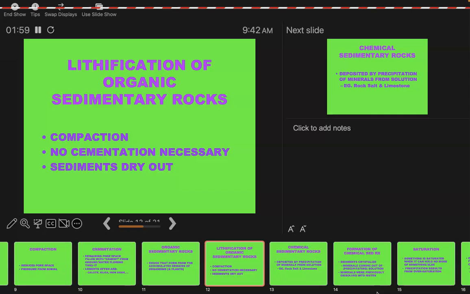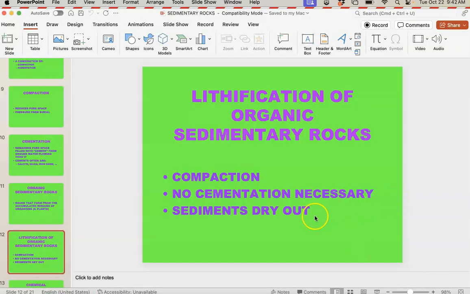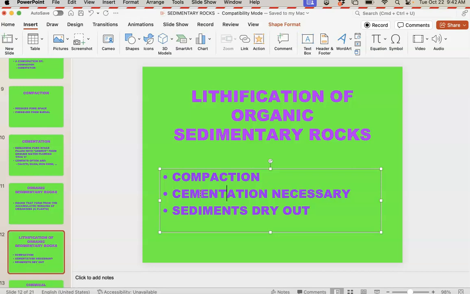But in all honesty, when you think about decaying organic material, it has, pardon the word, sort of a stickiness unto itself already, right? And when that's allowed to dry out, it acts as a cement as well. And in fact, let me try and reword that here: cementation is not always necessary.